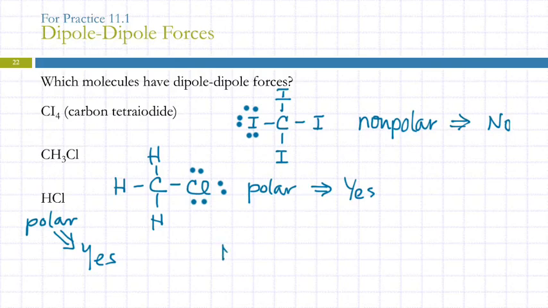If we have something like N2, that's also 2 atoms, 2 nitrogen atoms. Is the bond between 2 nitrogen atoms polar or nonpolar? Nonpolar. A nitrogen atom and a nitrogen atom both have the same electronegativity, right? So that's going to be a nonpolar molecule, and it will not have dipole-dipole forces. Any questions?